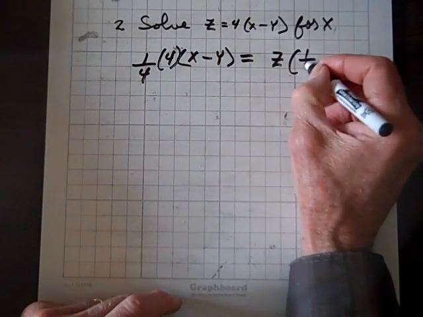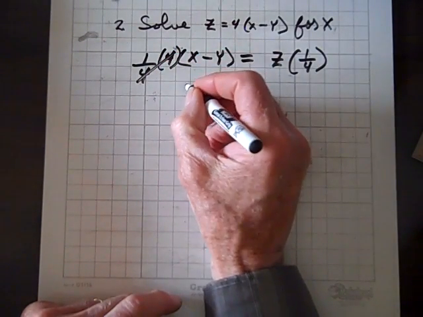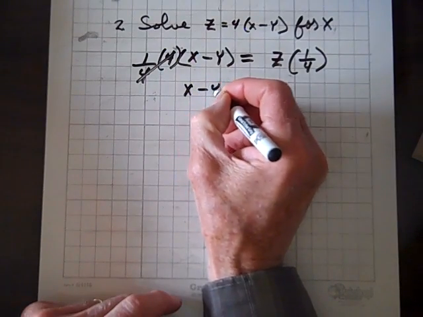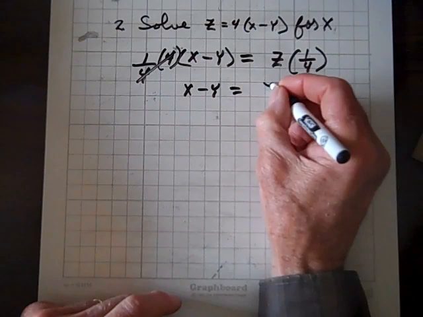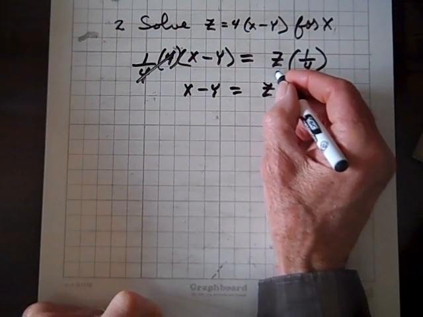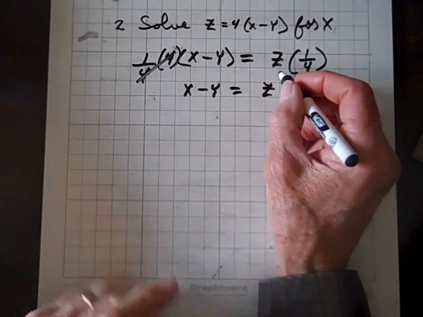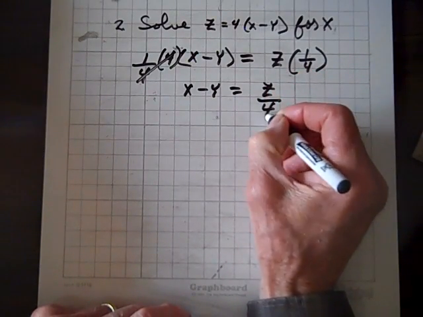Now the 4's divide out, and we have x minus y equals, and z times 1 is z, and we have a 1 in the denominator of z, but it's understood, and 1 times 4 is 4, so we get z over 4.